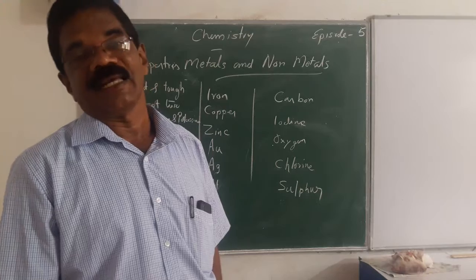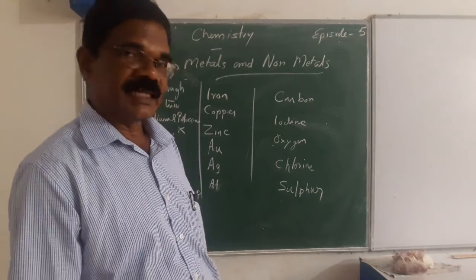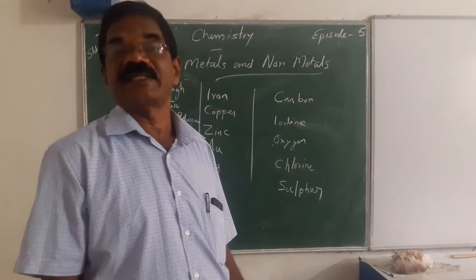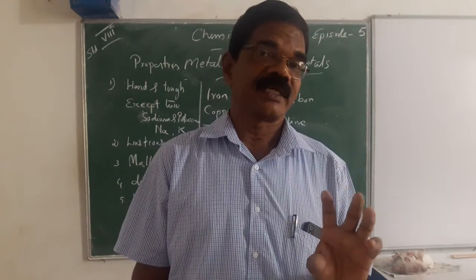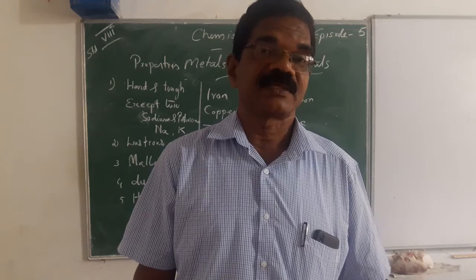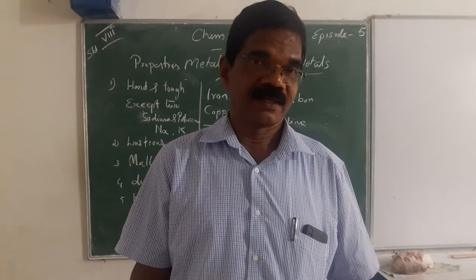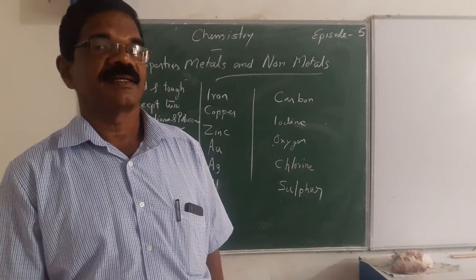Similarly, almost all the metals are in the solid state. But only one metal is in the liquid state. Do you know which metal is in the liquid state? Mercury.